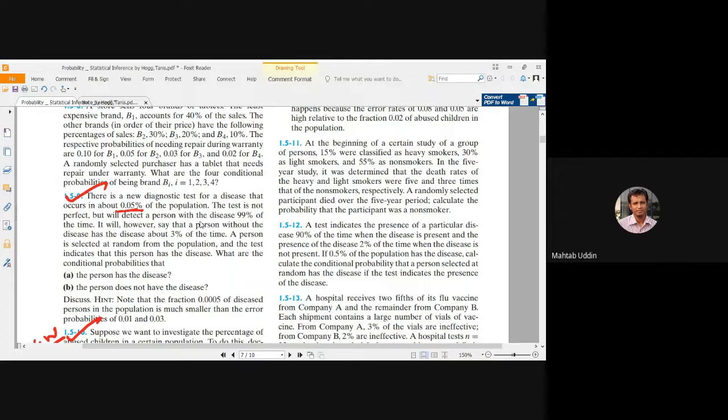That is, we are testing with a new medical diagnosis test for people having this percentage of disease. The test is not perfect, but will detect the person with disease. That is, disease present and also detected, right? Detected, sir, 99%.